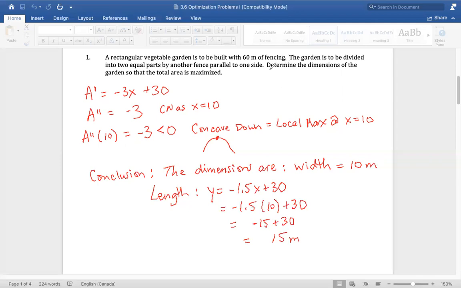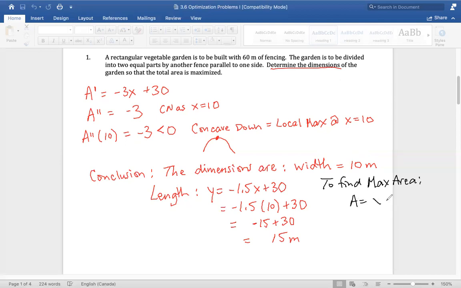And if we go back up, determine the dimensions of the garden, that's all it asked me for. So I have the dimensions. The width is 10 meters and the length is 15 meters. What if though, again, this isn't part of the question, but what if it asked me to find what that max area would be for future questions? Well, what's your area formula, right?